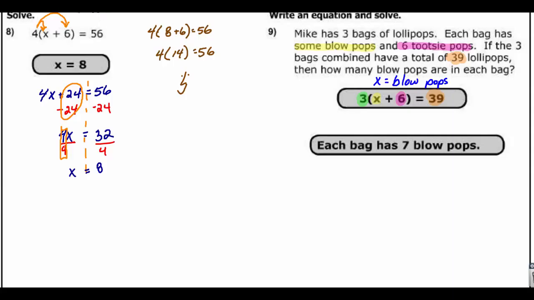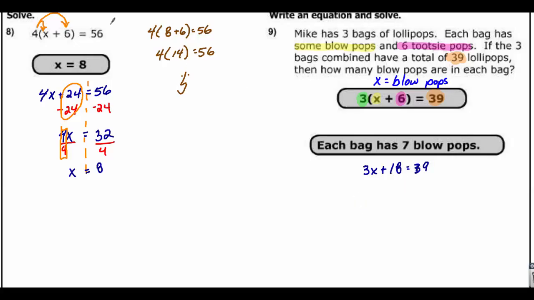So to solve this, I would do 3 times x plus 3 times 6. 3 times 6, 18. Boy, that is one of the worst 8s I've ever done. I've got to be able to improve on that. Equals 39.